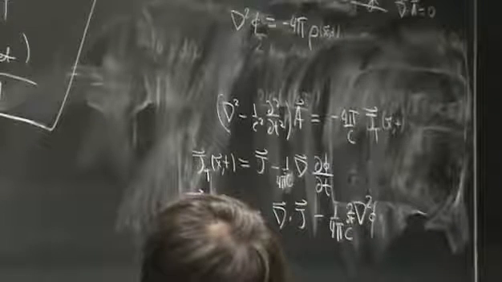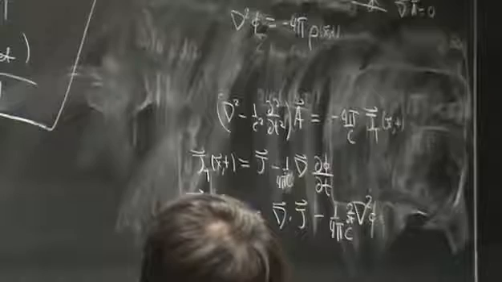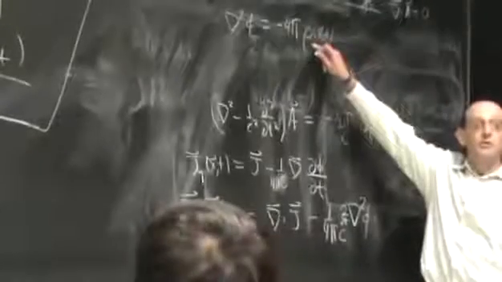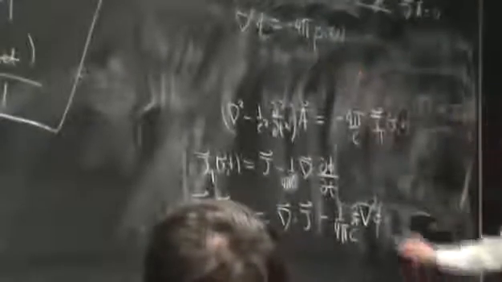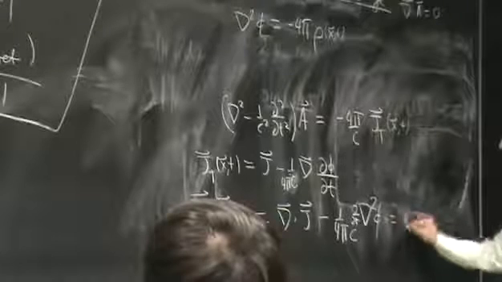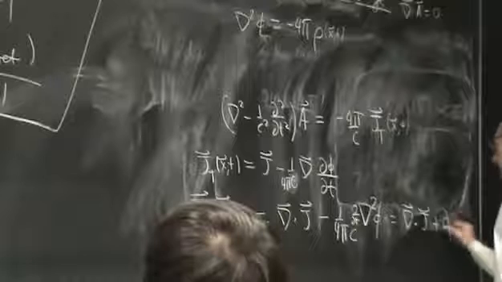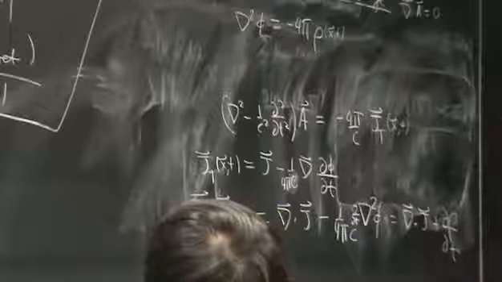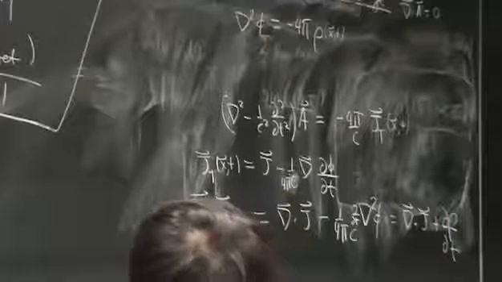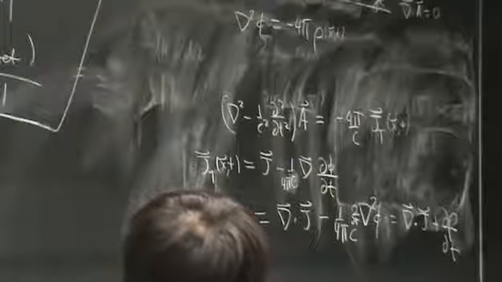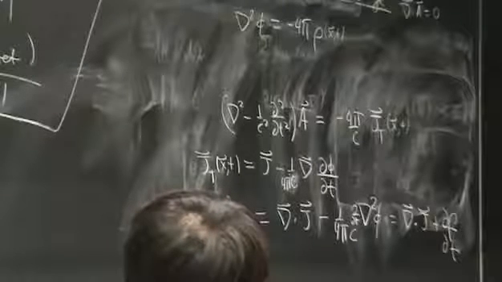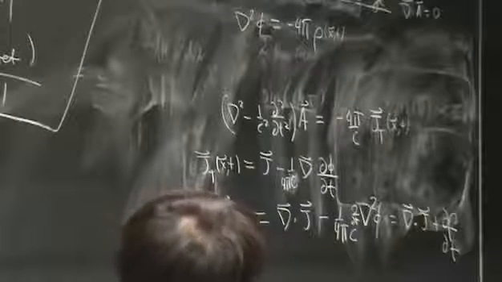But the Laplacian of phi in this gauge is minus 4 pi rho. So this is equal to del dot j plus d rho by dt. But what is that? 0, because charge is conserved.